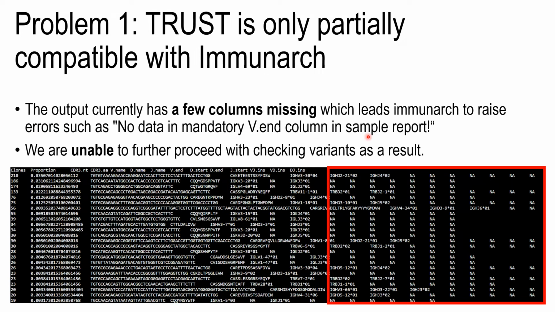This was devastating to me, as I've been working a few full days to find out what's going on, why ImmuneArc wouldn't allow the TRUST report to be analyzed, and I found that the columns are actually NA or missing. And we are unable to further proceed with checking variants as a result. And the variant checking part is important, as I will explain later.